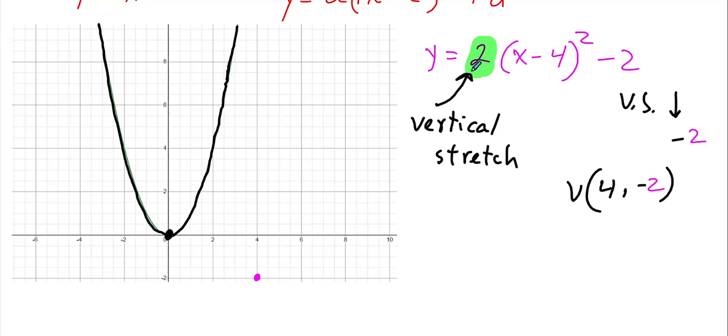But the idea here is by doing the vertical stretch on this parent function, every point, as an example, what used to be right here, now it's twice as high. The only one that does not get affected is the 0, because 0 times 0 is still 0. But every other point gets affected.